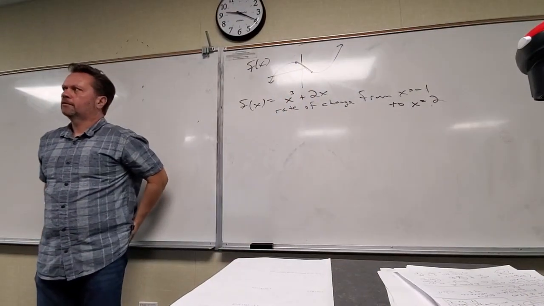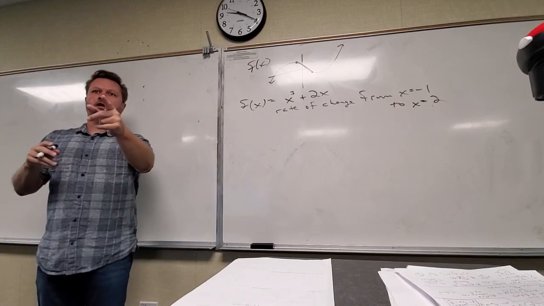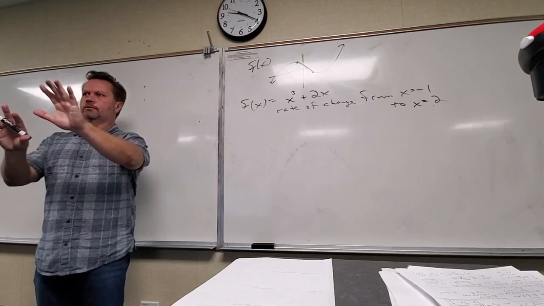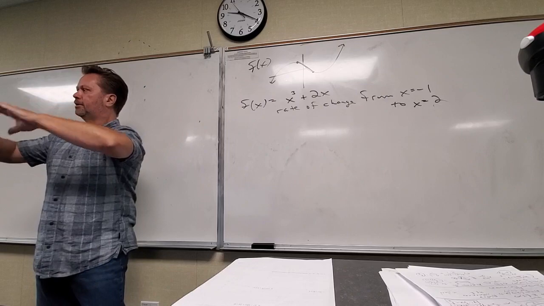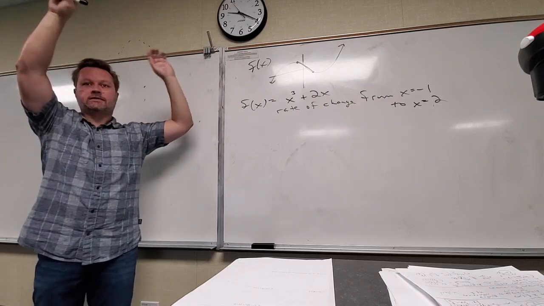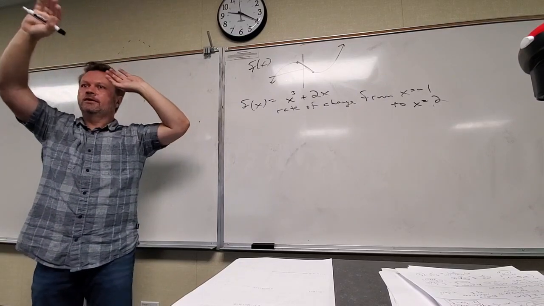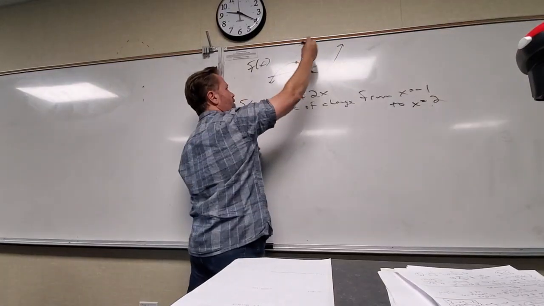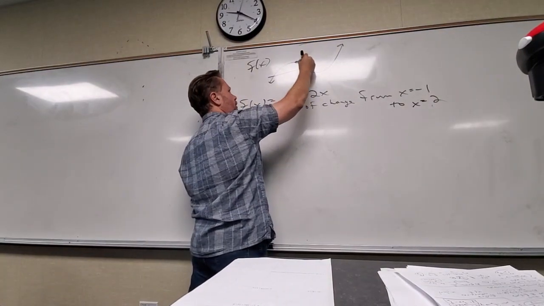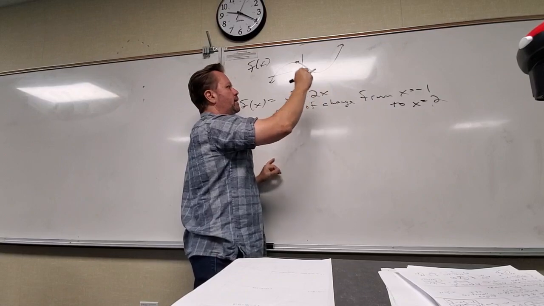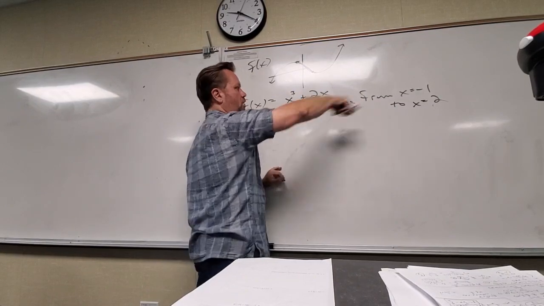Everybody with me? Like you said, rate of change is just slope. But I just said, and you all agree, that the slope is constantly changing on this thing, correct? But if I just look at the straight line between these 2 points. In fact, can anyone tell me what the 2 points are in this problem?